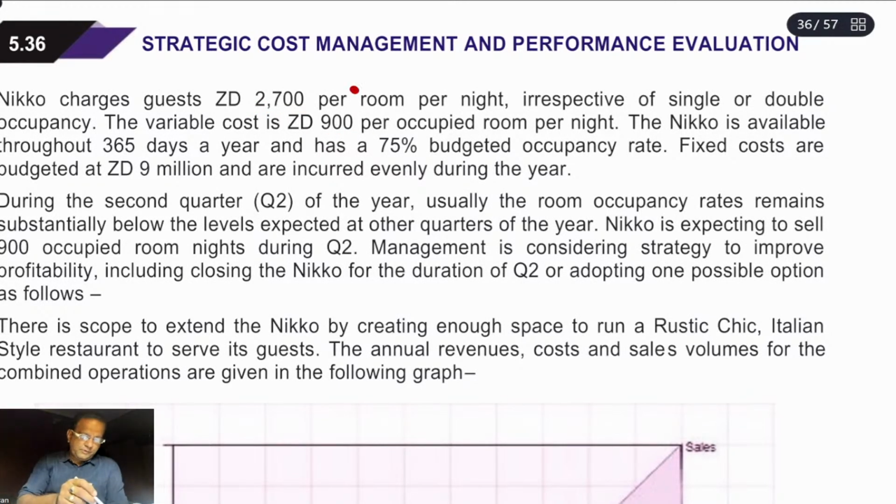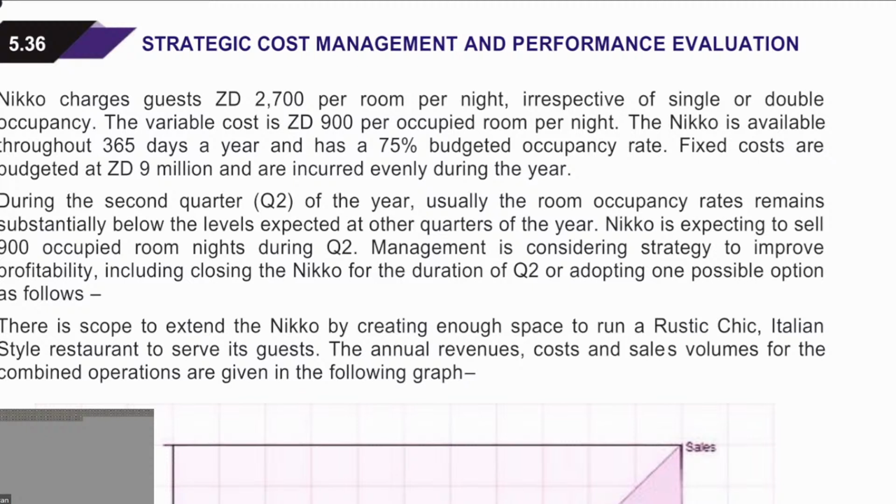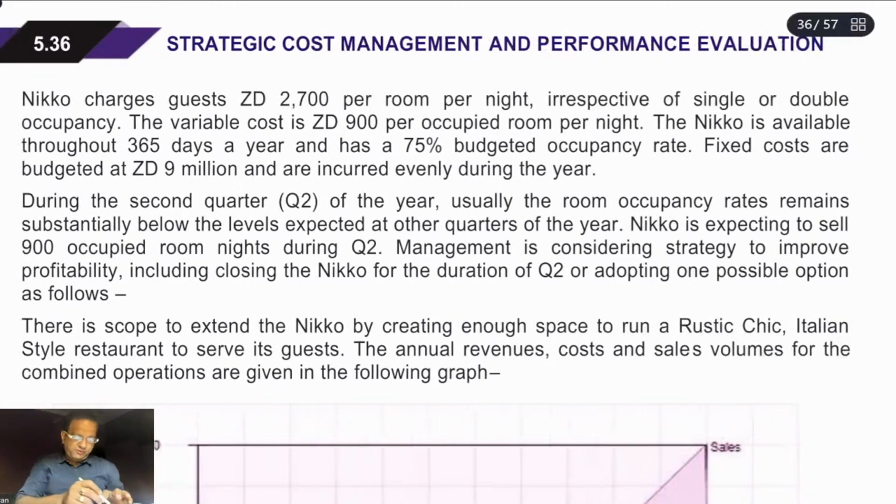So we get the contribution per room per night. That contribution will be multiplied by the total annual rooms occupied. So we get the total contribution. We are having the fixed cost, that is 9 million. So when we deduct that, we can easily get the total profit currently earned by the organization.